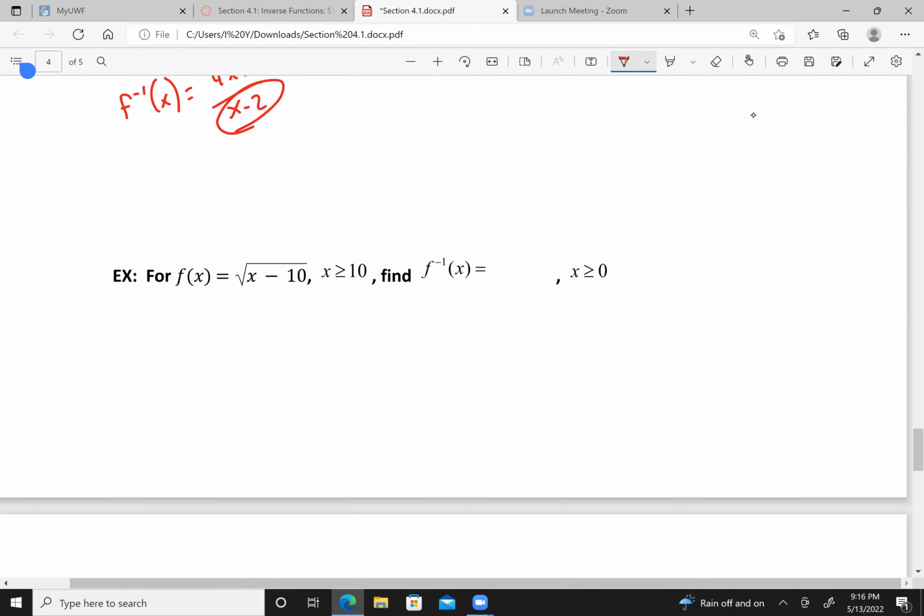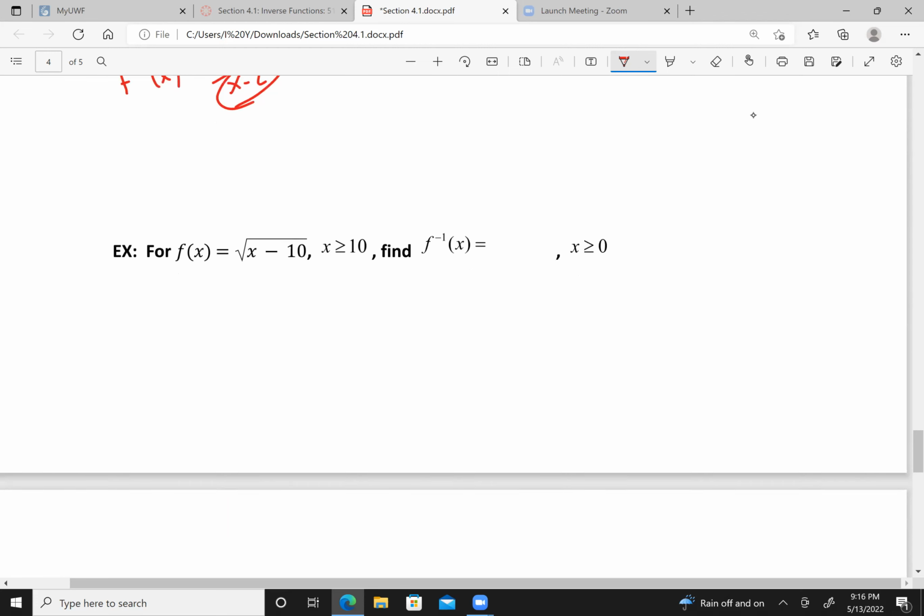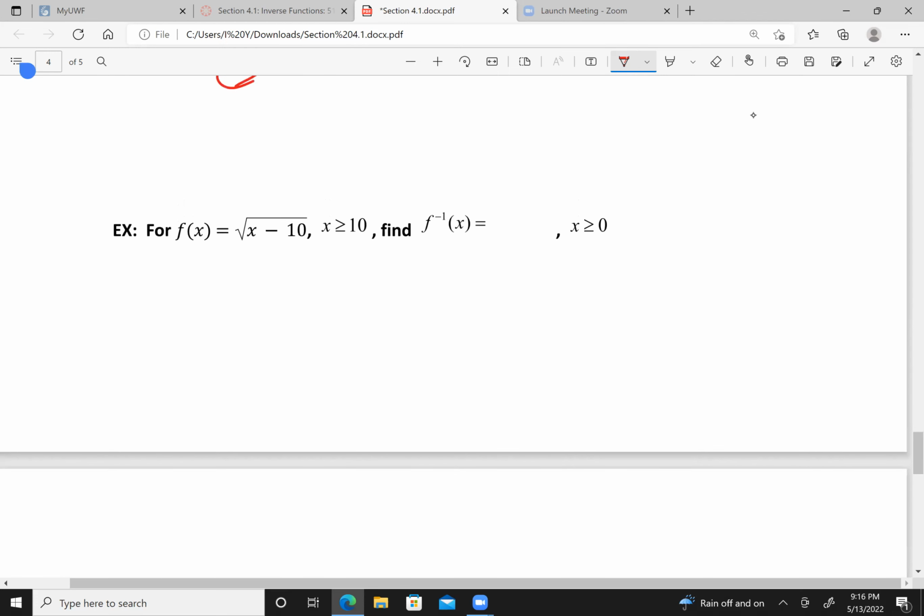So let's look at this. Another one. We have f of x equals the square root of x minus 10. And we're saying x must be greater than or equal to 10. Find f inverse of x where x is greater than or equal to 0. So remember, we're talking positive square root only, which is why when we change, remember this is y equals the square root of x minus 10.